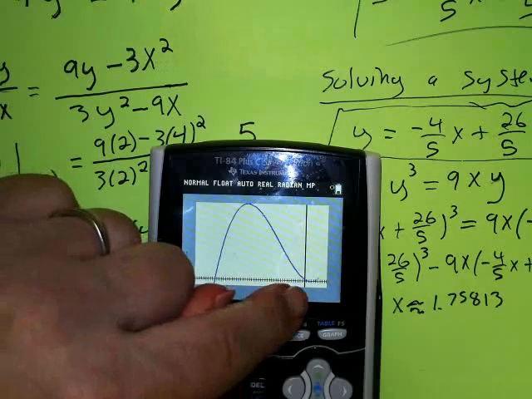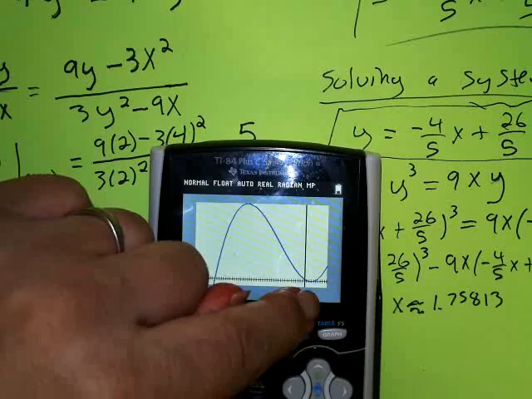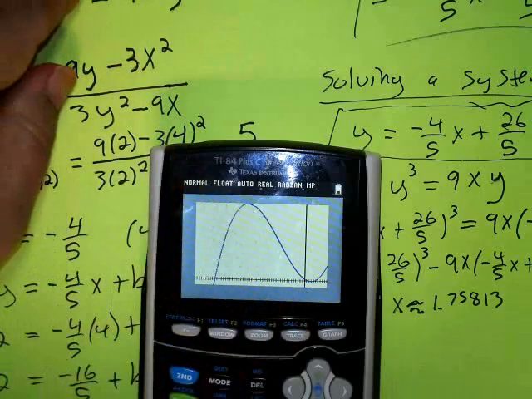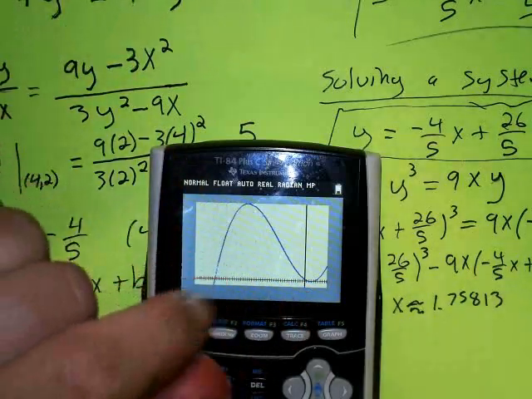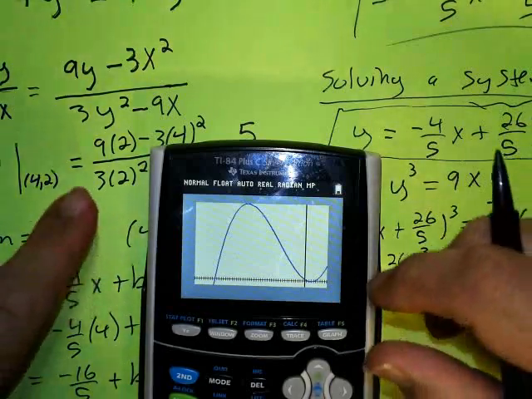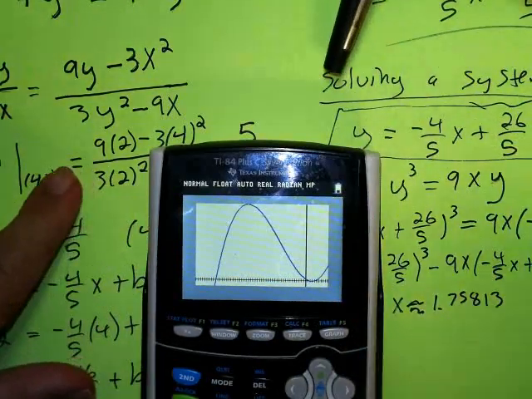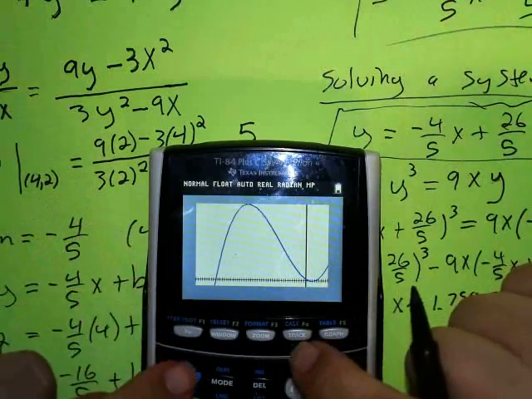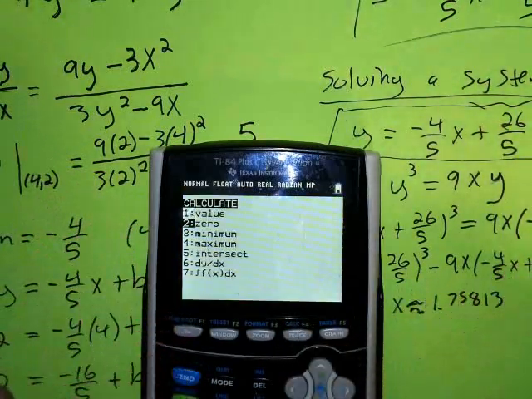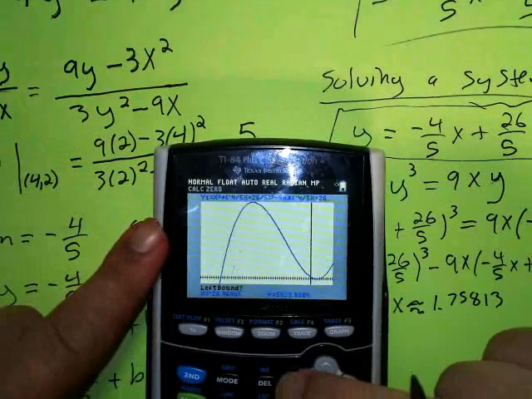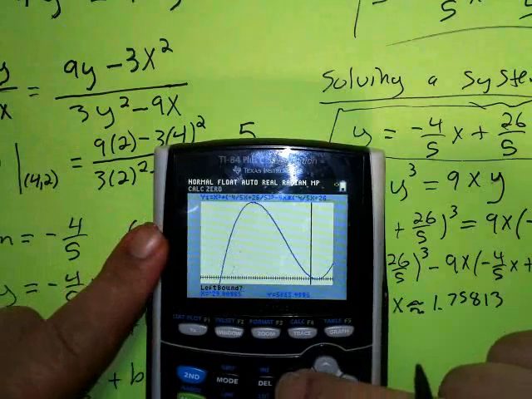And that's the 1.75 we just found. That's the 4. And then it goes back up. So now let's find that root. That's what we want to do. So I'm going to do the second calc, go to 0, and then I need to bring this over here.